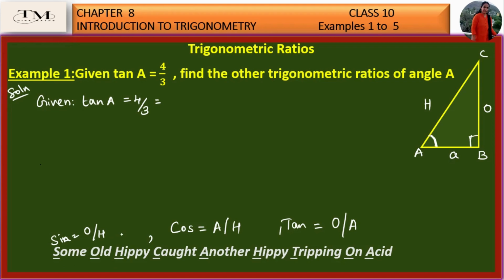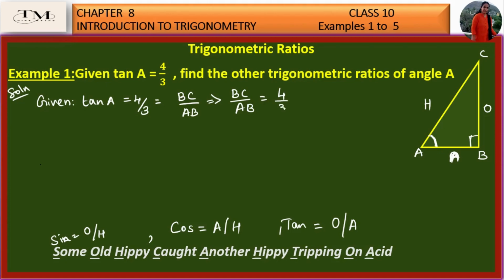Now we are going to use this relation. Tan is opposite by adjacent side. What is opposite? Opposite is BC. Adjacent is AB. So we get BC by AB is equal to 4 by 3.